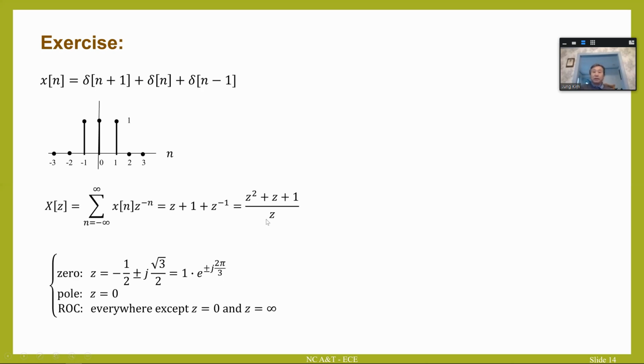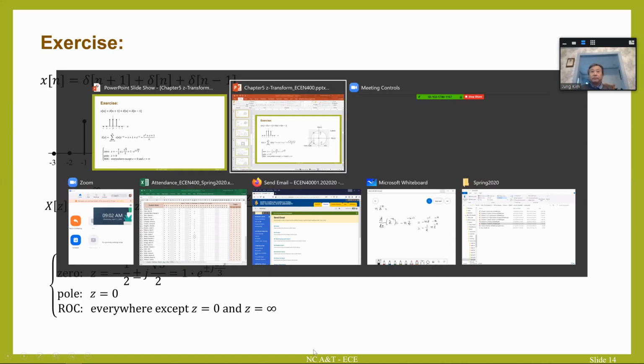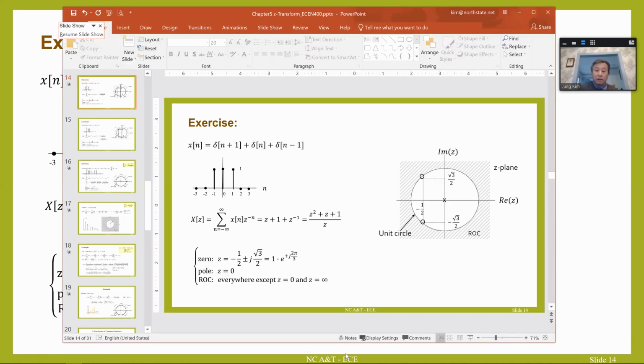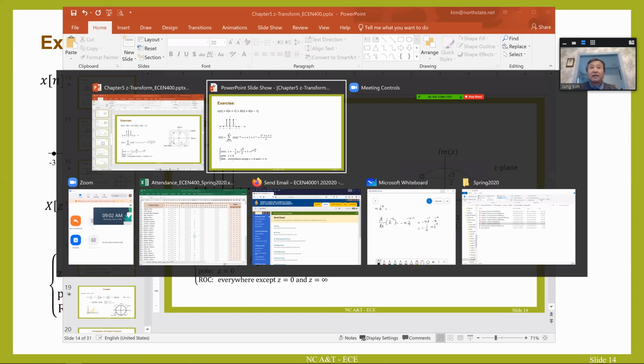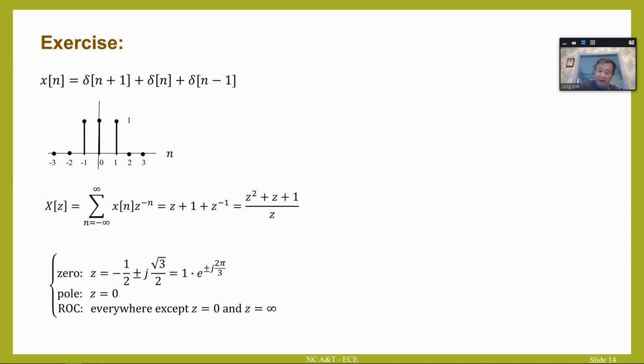Clearly we can understand the pole is at z equals 0, and then the zeros. If you use a calculator, you can easily find them. Let me show you in the calculator. I have to open the calculator.